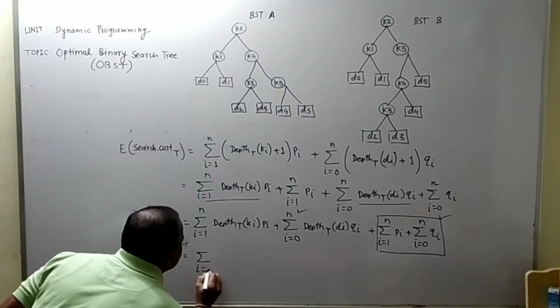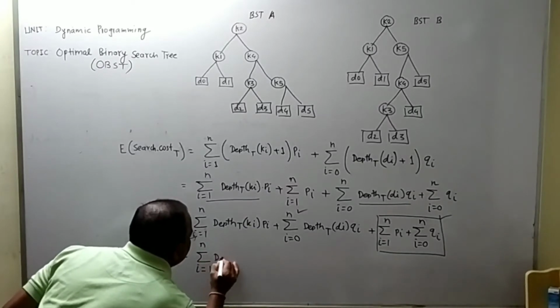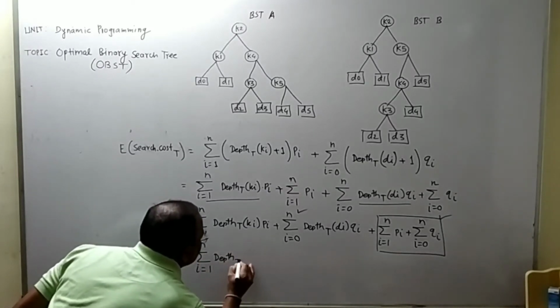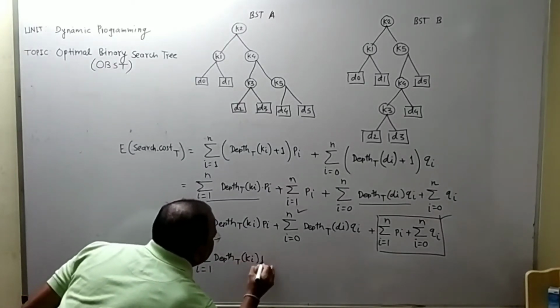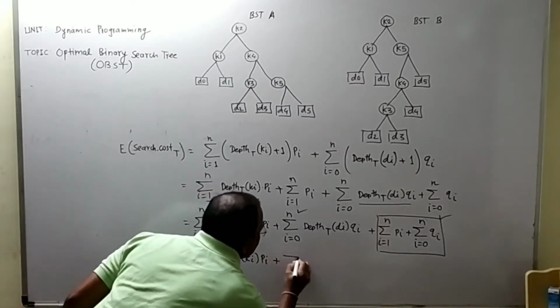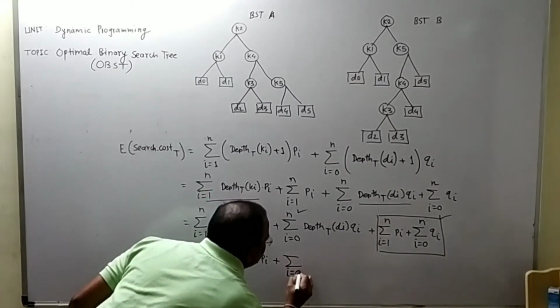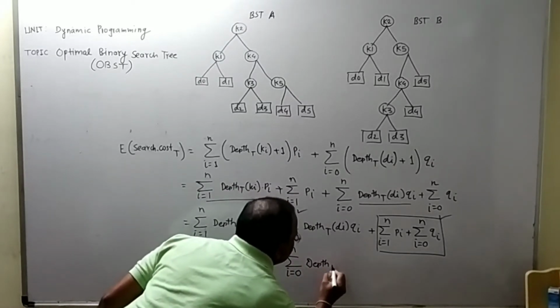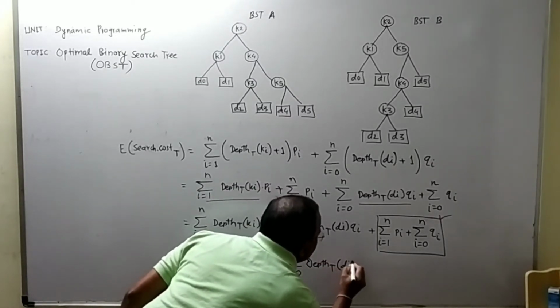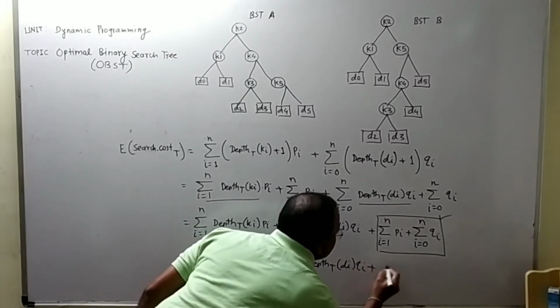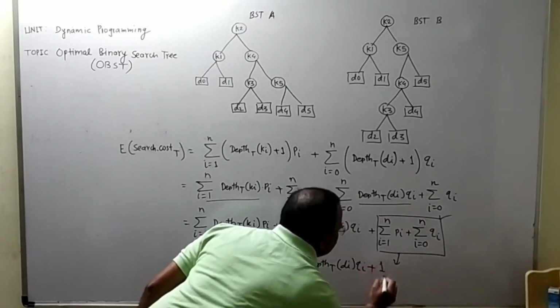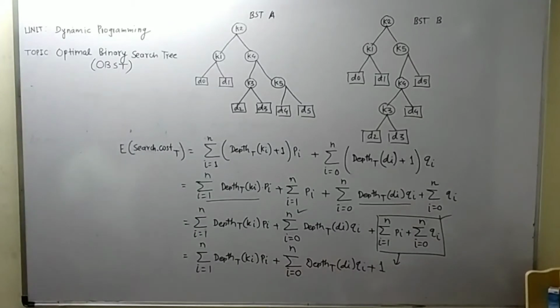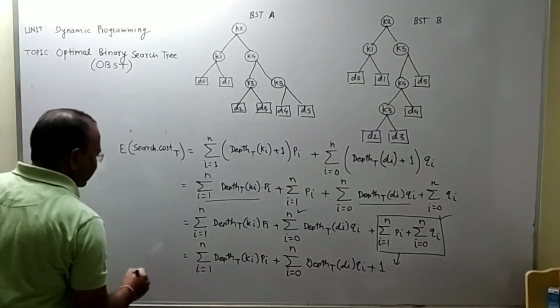Summation from i equals 1 to n depth of Ki Pi plus summation from i equals 0 to n depth of Di Qi plus 1. So this is the relation for getting expected searching cost.